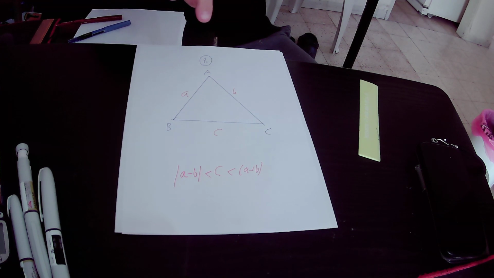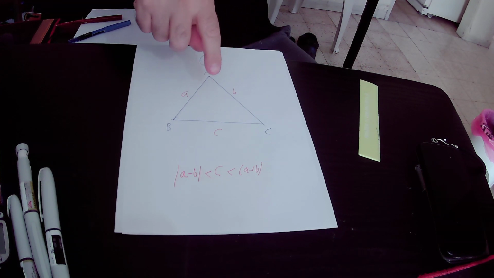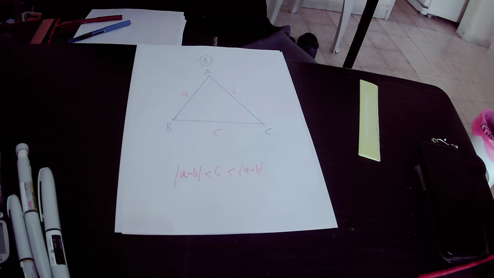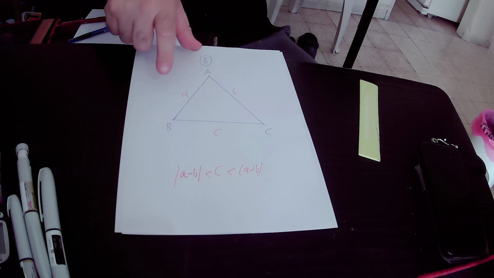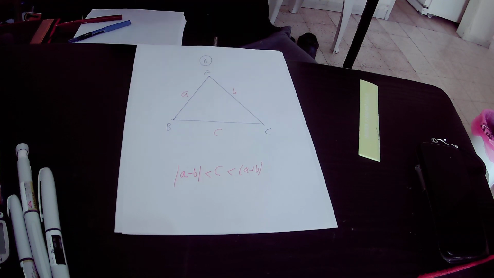That is to say, the size of side BC, that is actually C units, will be greater than the difference between the other two sides, that is A minus B.